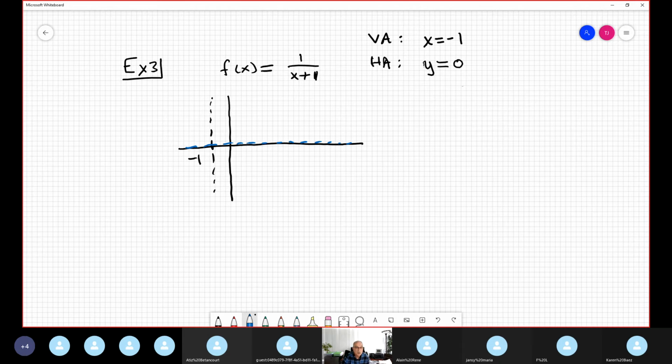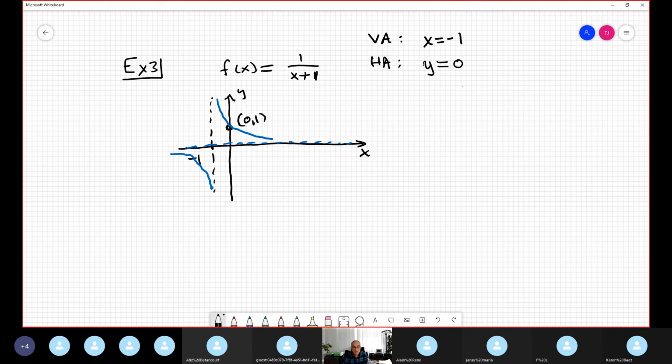Does my graph look like something like that? I guess so, using my imagination and common sense. So I evaluate, for example, the point where x equals 0. This point is (0,1).